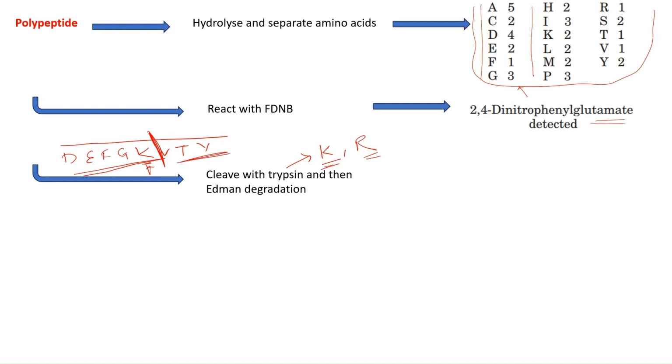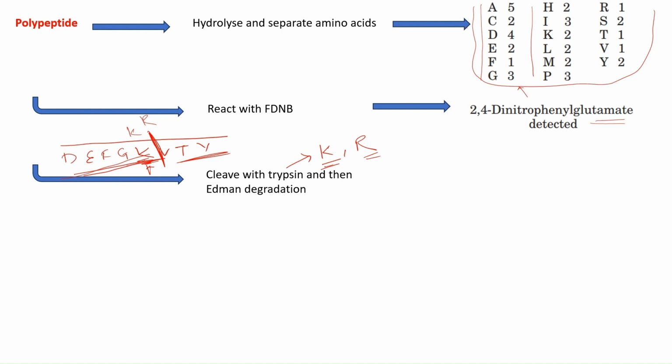Where does it end? K, because the cleavage points are lysine and arginine. So wherever in the polypeptide chain lysine and arginine are present, trypsin will cleave at that point. So the fragments will have either K or R at their end. That means the fragments have been cleaved by trypsin.